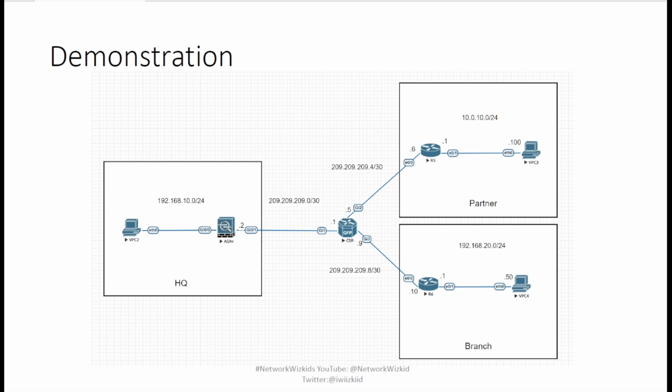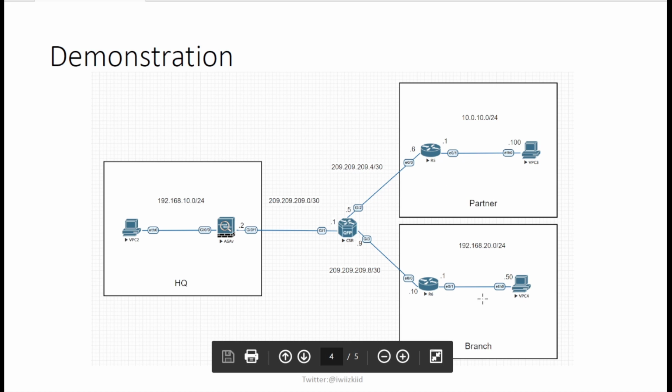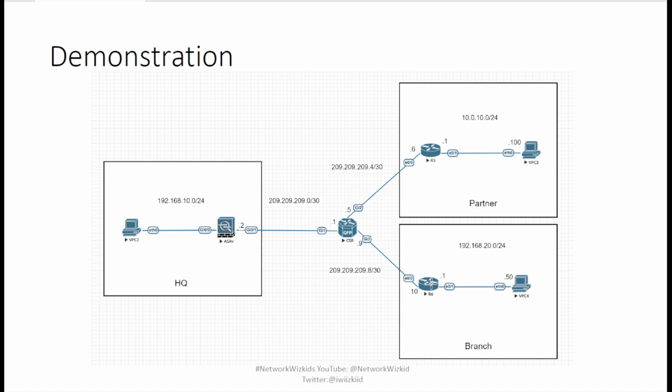So this is the lab we're going to focus on today to do our configurations, and we're just going to focus on the right hand side of this lab here. So we're going to focus on the partner network and also the branch network there as well. And we're going to configure between router 5 and router 6. We're going to configure that site-to-site VPN using static virtual tunnel interfaces.